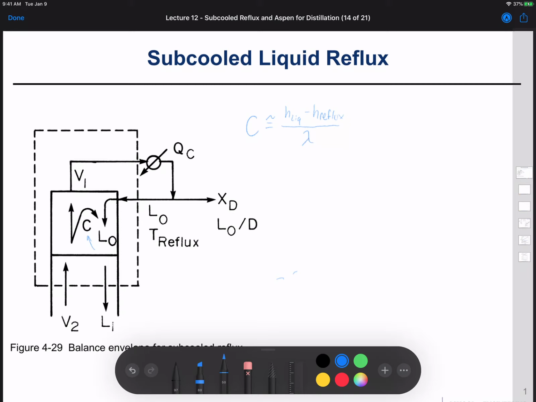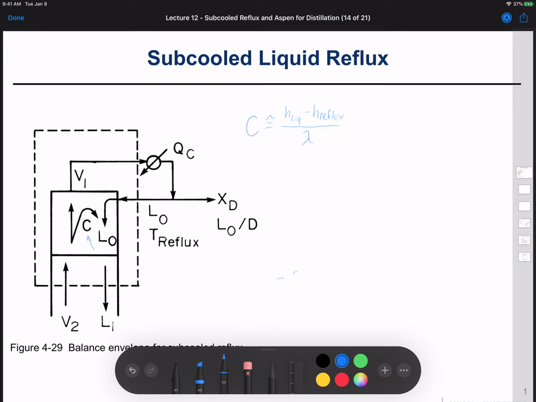Essentially what we're saying here is that somehow we have to satisfy this energy balance, where we have to make up for the difference in the reflux enthalpy in this subcooled liquid reflux case relative to the situation we have for the saturated liquid. We need the latent heat of vaporization information to do that.